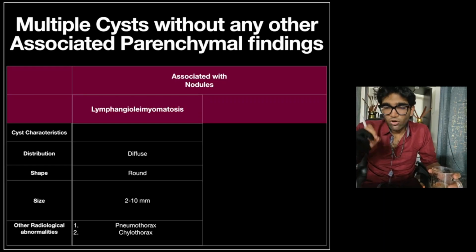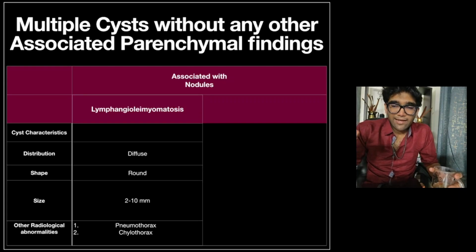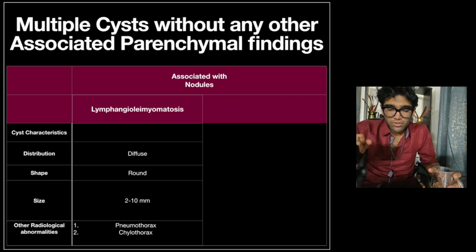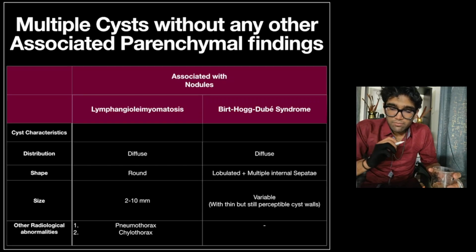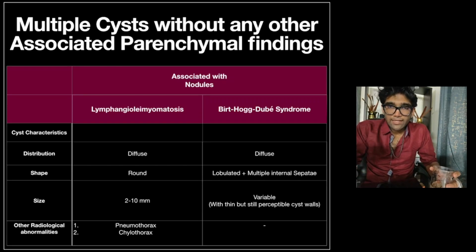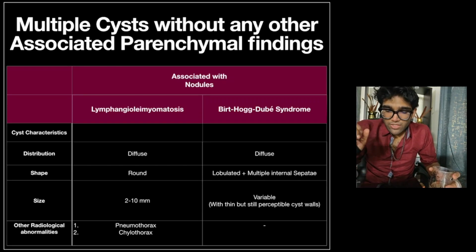Now, this disease also tends to form balls of fibroblasts within the draining lymphatics, and the lymphatic structure is abnormal. So as a result, you may have some accumulation of lymphatic fluid, so you can get a chylothorax also.